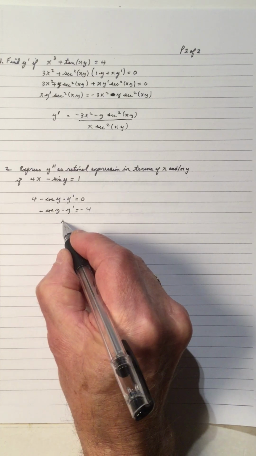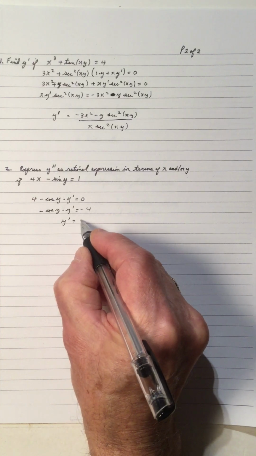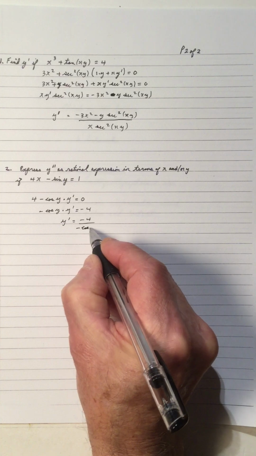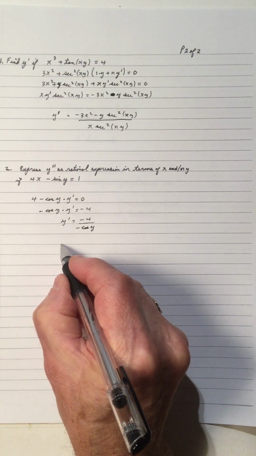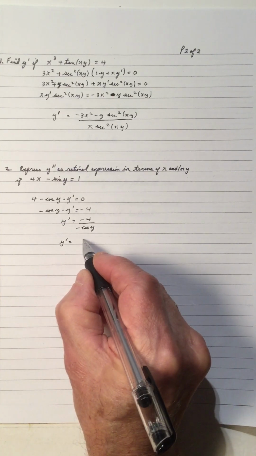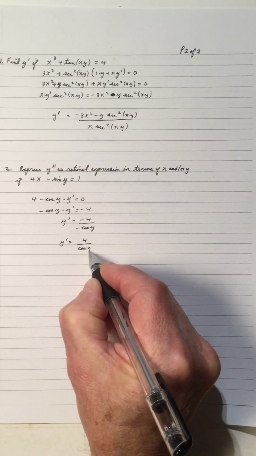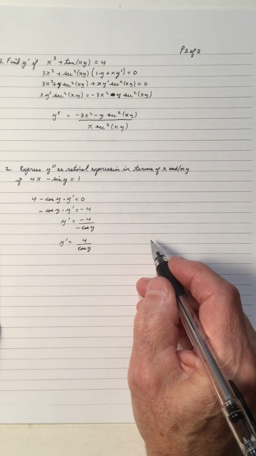So y prime is equal to negative 4 divided by negative cos y. So y prime is equal to 4 over cos y. So that's the first derivative.